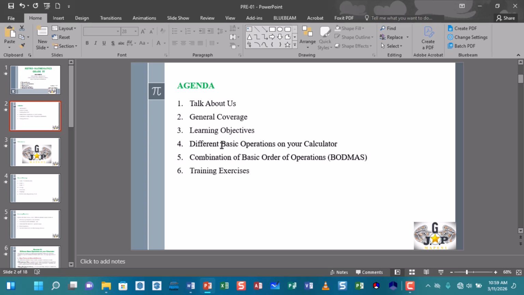I know that you guys know how to use your calculator. I'm not sure it was taught to you in your previous lower grades. But I would just touch the most important aspects of it. I know that the whole machine is important, but whatever is capital to it, I'm going to share it with you. We're going to go to the fifth point, which is the combination of basic order of operations with BODMAS, and at the end, the sixth will be the training exercises. So yeah, let's keep rolling.